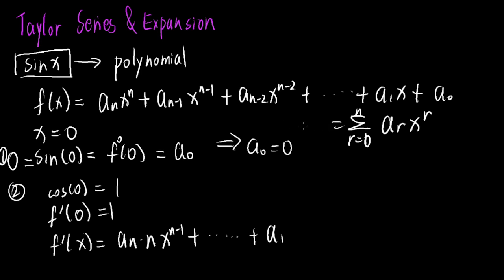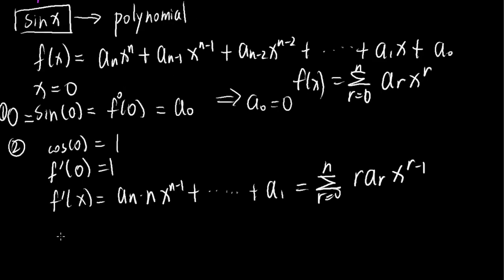This is the original function, and according to the derivative of a polynomial, we know it's like this. Let x equal 0.